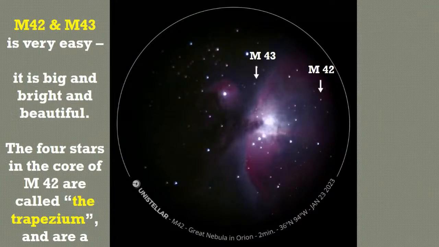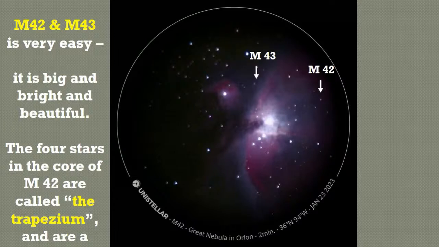And what we find here is essentially an emission nebula, and it's illuminated. This is all illuminated by new bright stars here in the center, in the core of M42. Now, it's an easy object.